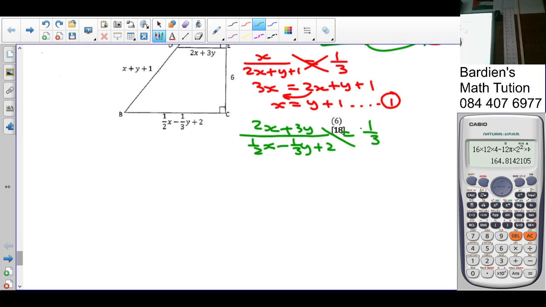Cross multiply again. So 2x plus 3y times 3 is going to give us 6x plus 3y. No, 9y. Equals a half x minus a third y plus 2. Now what? What do I do now?